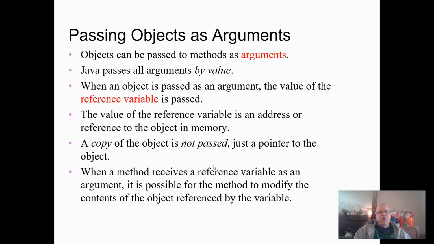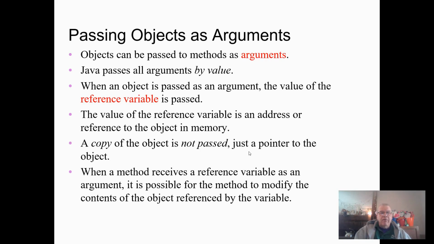All right, so we've talked a little bit about objects and their static and instance fields and methods. Let's talk about objects being passed as arguments. Java passes all arguments by value, but what it really means is that when an object is passed, the value of the reference variable is passed, which is a memory address where the object is stored in memory.